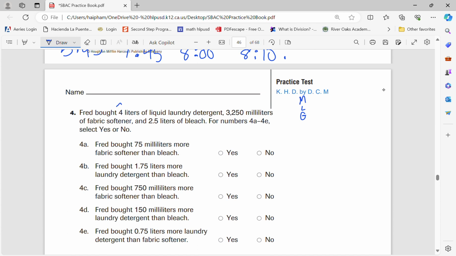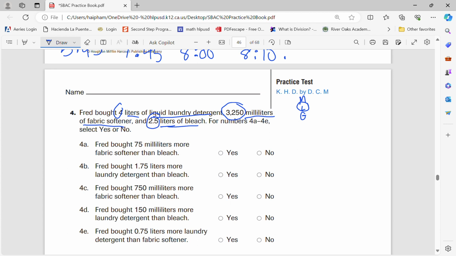So let's look at what we're working on. Fred bought 4 liters, so we're going to be talking about liters here today. Fred bought 4 liters of laundry detergent, 3,250 milliliters of fabric softener, 2.5 liters of bleach.